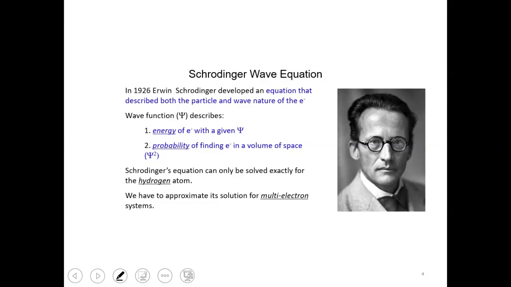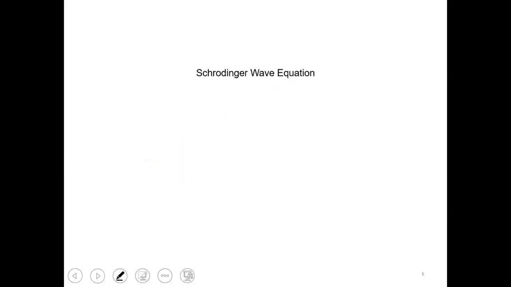Okay, so what we're going to find is that because we are working in three dimensions, there are three actual parameters that are important to the value of a wave function. So we're going to express the wave function psi as a function of three parameters, n, l, and m sub l.